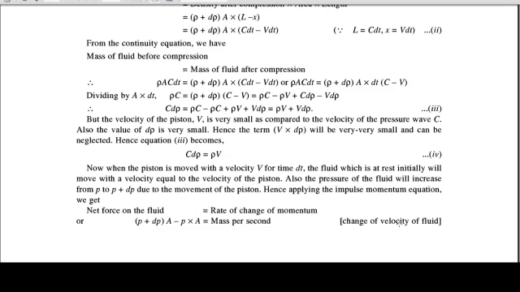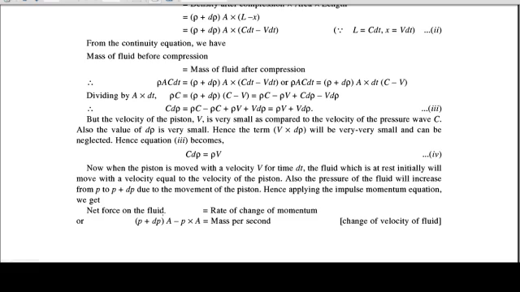Okay. Now the piston is moved with the velocity V in the time dt, so the fluid, which is at rest initially, will move with a velocity equal to the velocity of the piston. If we apply the impulse momentum equation, the net force on the fluid must be equal to the rate of change of momentum.